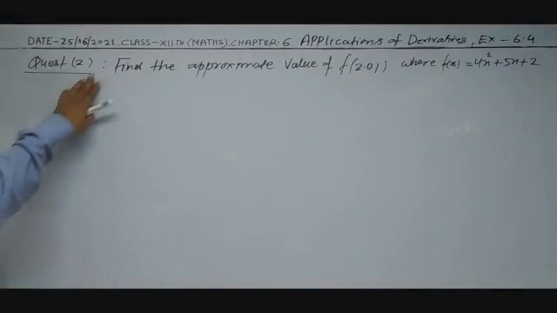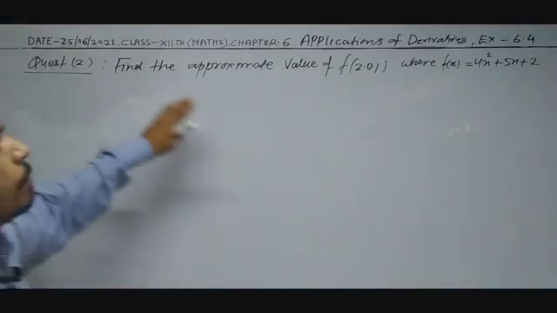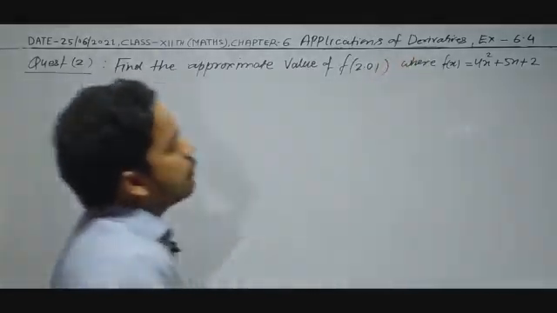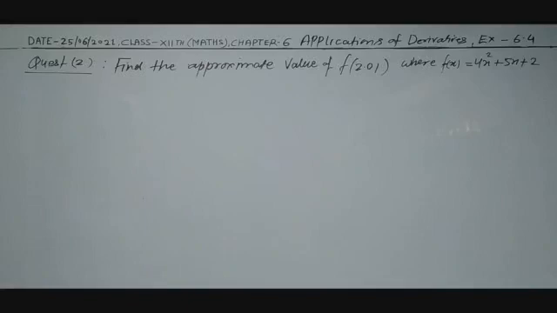Question number 2 is: find the approximate value of f of 2.01 where f(x) is equal to 4x square plus 5x plus 2. This is question number 2 of NCERT exercise 6.4. So come to the solution.